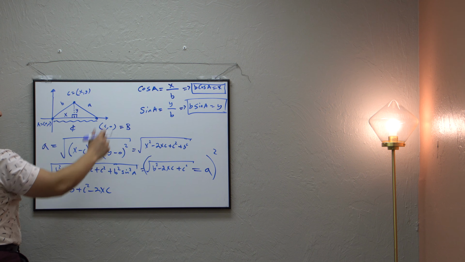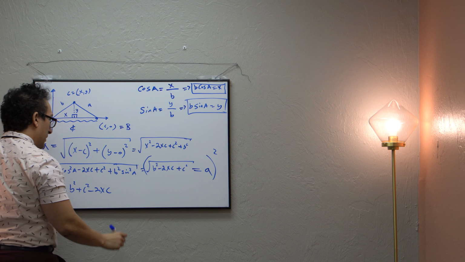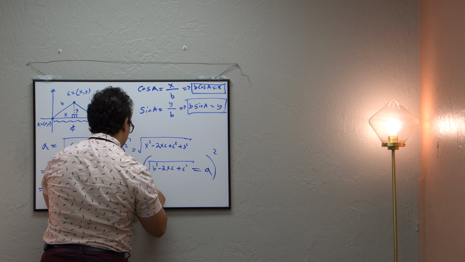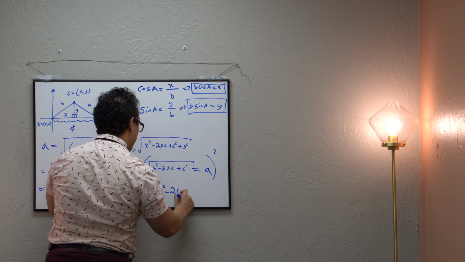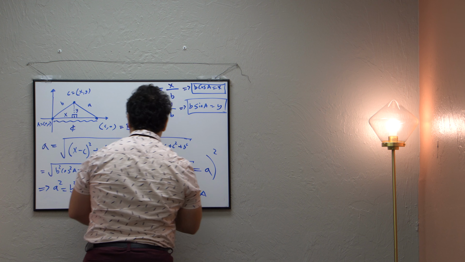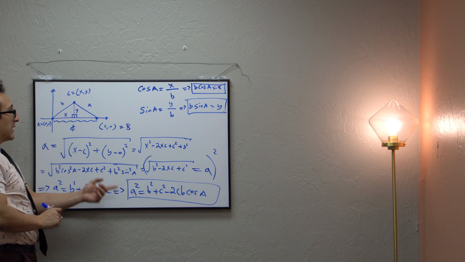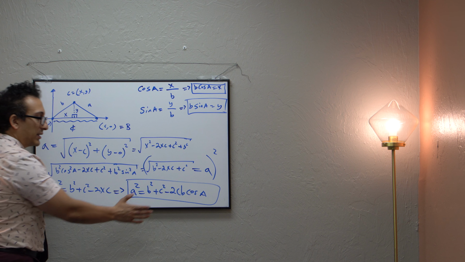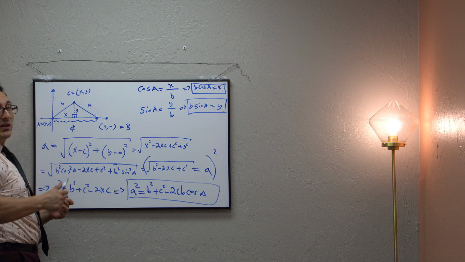Notice that when we replace x with what we've discovered over here, this implies one of the laws of cosines: a squared is equal to b squared plus c squared minus 2c times b cosine of A. This is one of the laws of cosines. That is the relationship between the square of this leg and that. Notice that if we didn't have this piece, this minus 2cb cosine of A, then it would be the Pythagorean theorem identically.